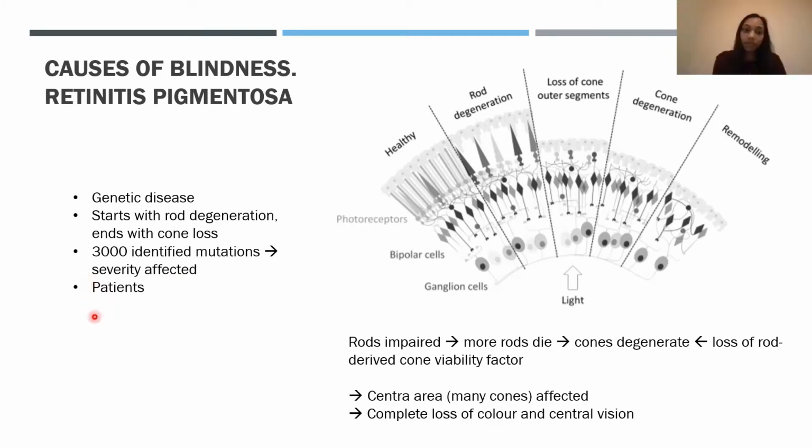These patients usually have irreversible blindness at this stage, and therefore they are really wanted in clinical trials that want to restore irreversible vision. After cones die, the central area is affected, and this leads to loss of color and central vision.